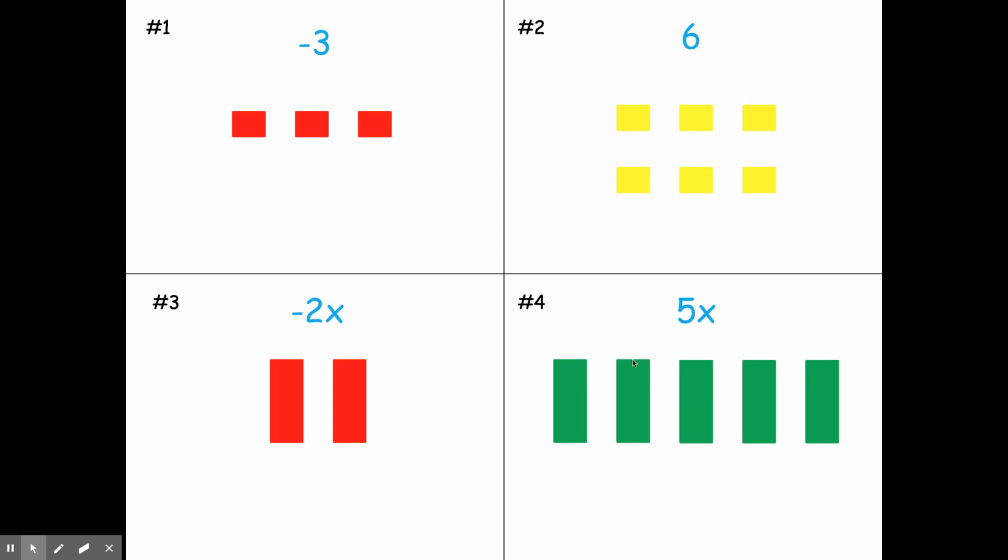It's positive, so they are green. So again, these are the 4 different tiles that we're going to use to represent our equations. I can have for my variables either green or red, whether it's positive or negative. And then for my constants or just my regular units, I can have positive where I use yellow or negative where I use red.